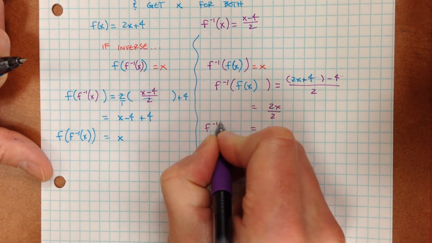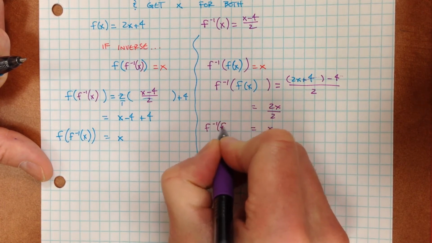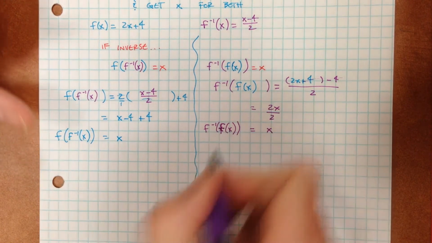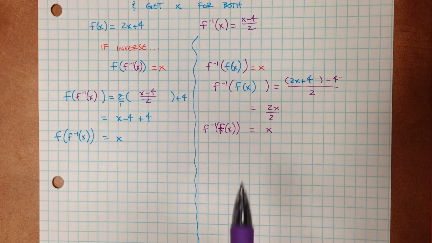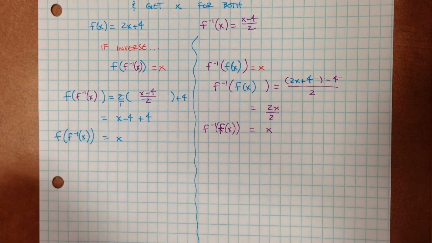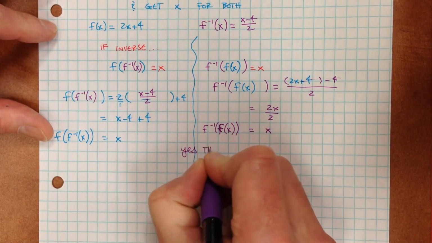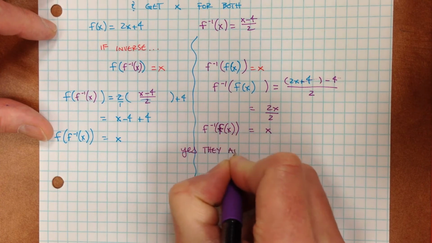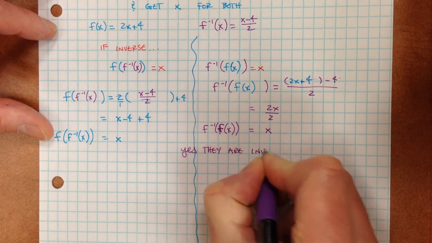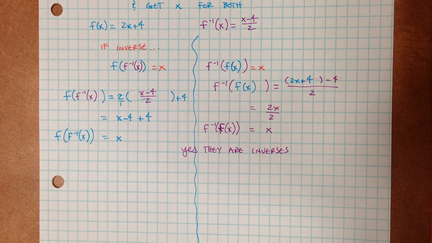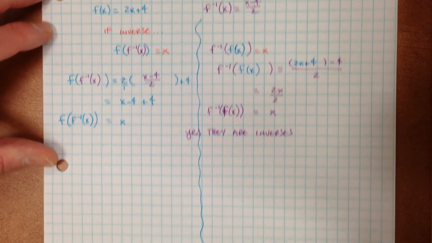Therefore, f inverse of f of x equals x. A little messy right there. And you can say that since they both equal x, yes, they are inverses of each other. So let's take a look at one more example of that.